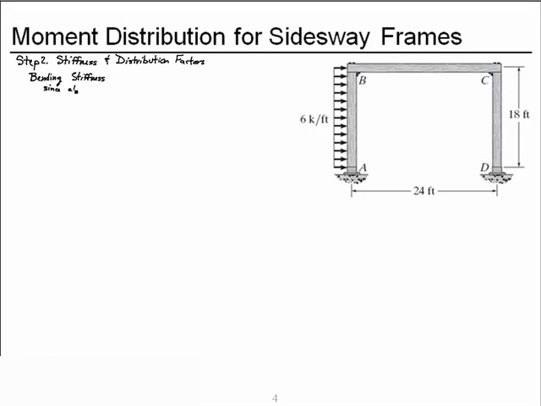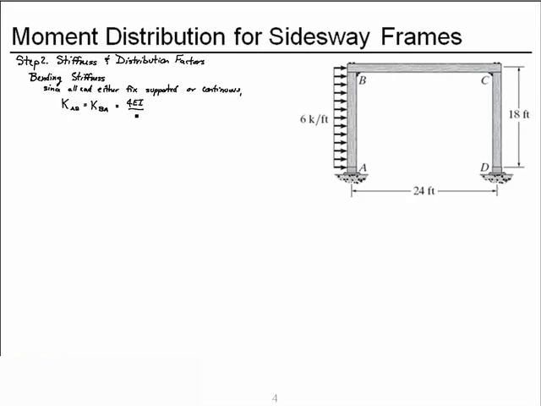Since all ends of the various members of this frame are either fixed supported or continuous, and because they're prismatic, the stiffness is the same at both ends, and it's 4EI over L.